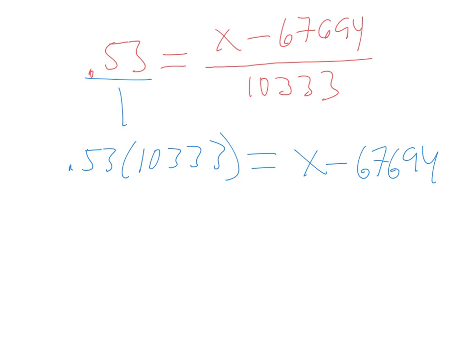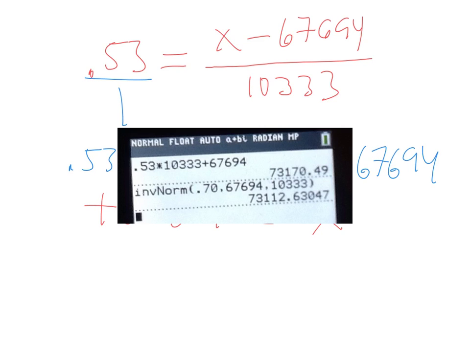So we multiply those two numbers, and then add the 67,694, and that'll be the number that cuts off that top 30%. So I did that on my calculator, and I came up with about $73,170, and then I chose to use that inverse normal, and that gave me that number.